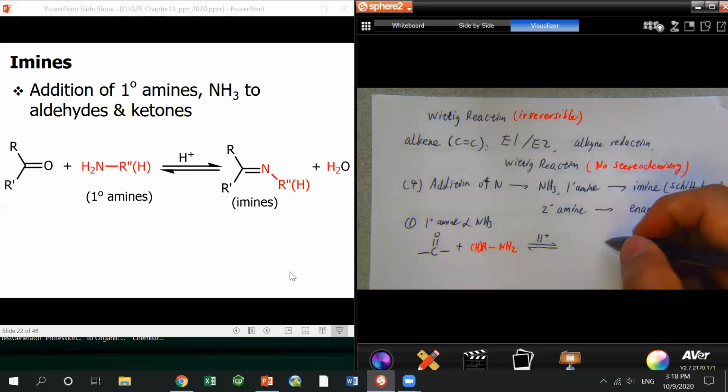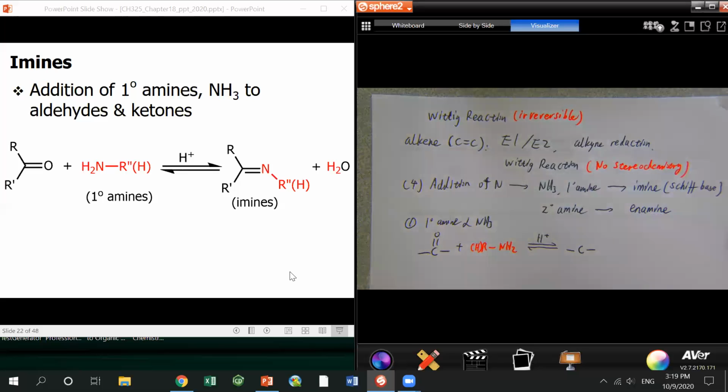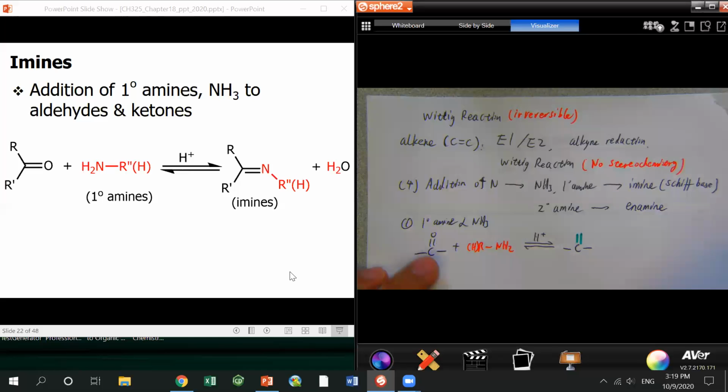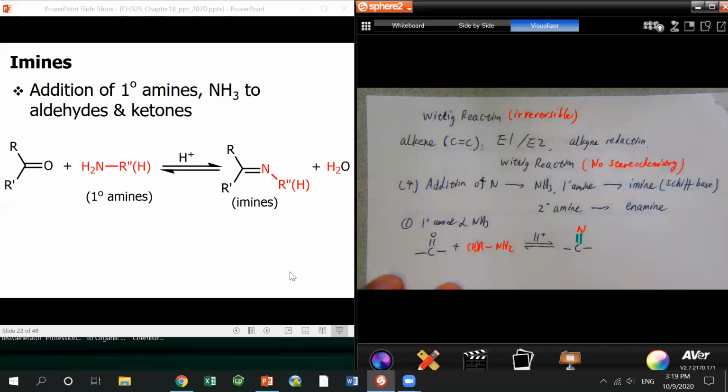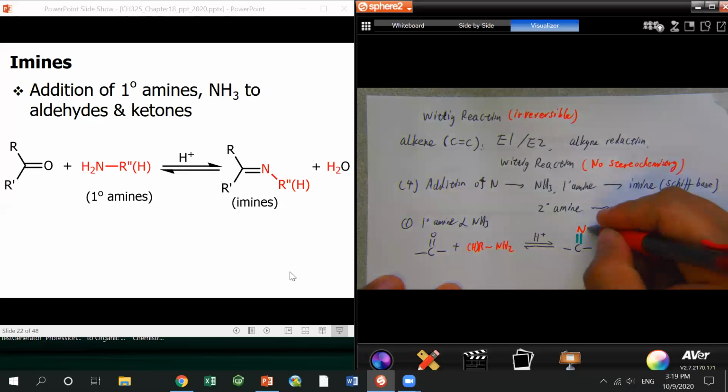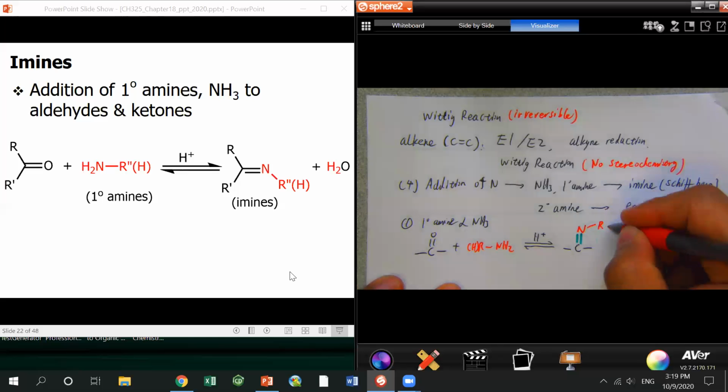Once the reaction is done, somewhat like the Wittig reaction, you have an exchange happening. The aldehyde or ketone, you still keep the carbon, and this C=O double bond becomes a C=N double bond, and then you have R or hydrogen here.